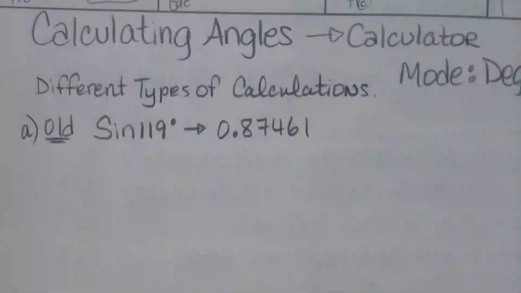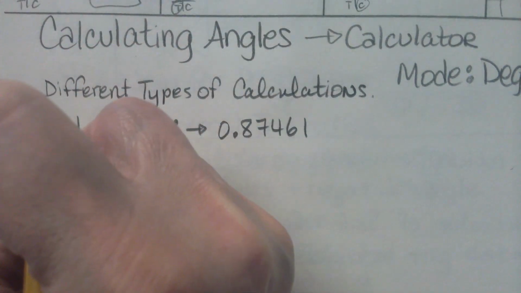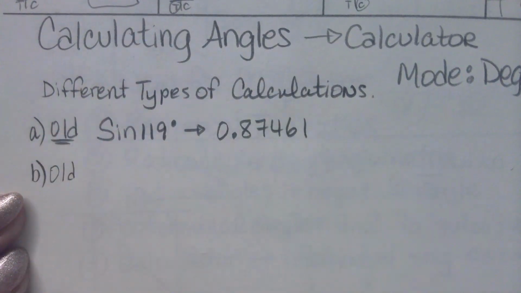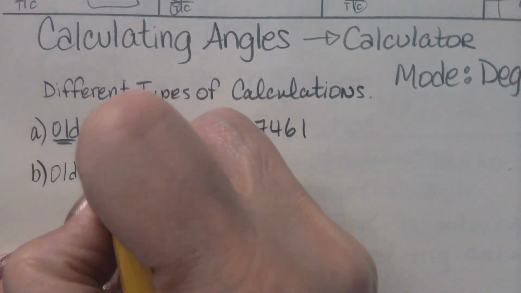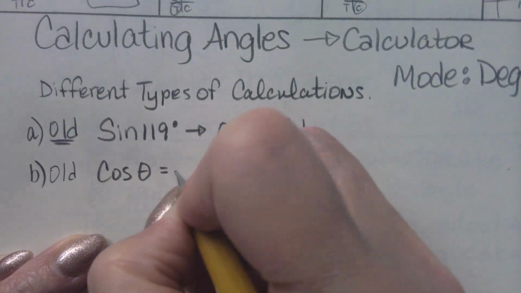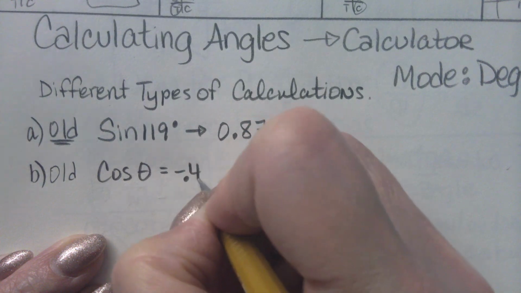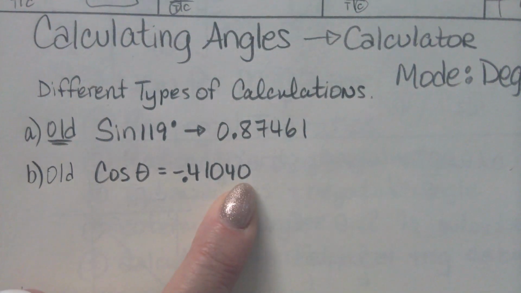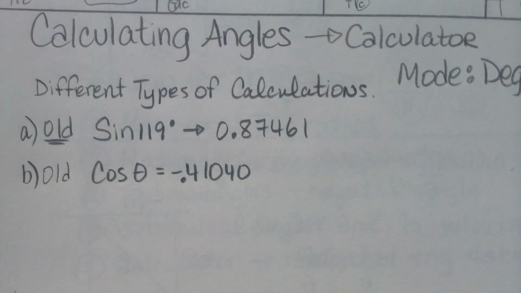All right. So that's fine in going one direction. So the old one would be for, let's say that I had cos theta is equal to a negative decimal 0.41040. So this time, I'm finding it's giving me that 0.87461 and they want me to go backwards, right?